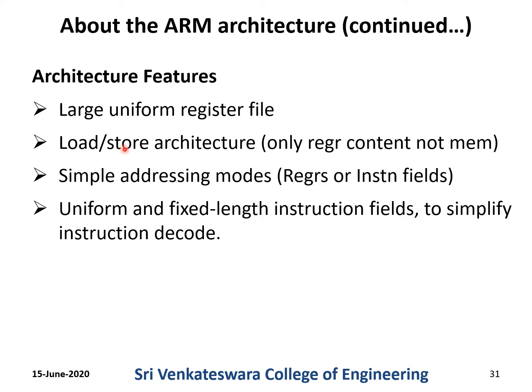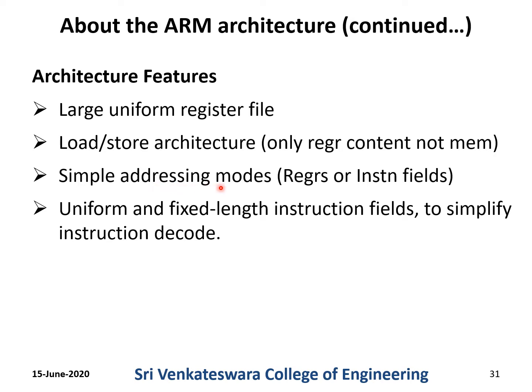That is, the operands can be loaded into the register and the operands cannot be operated on in the memory directly. So either the operands are loaded into the register or from the register the operands can be stored into the memory. And also ARM supports simple addressing modes like register addressing modes or immediate addressing modes.